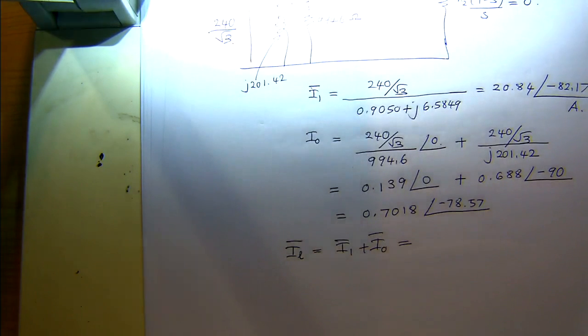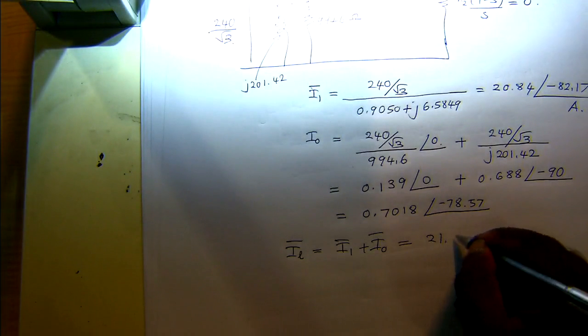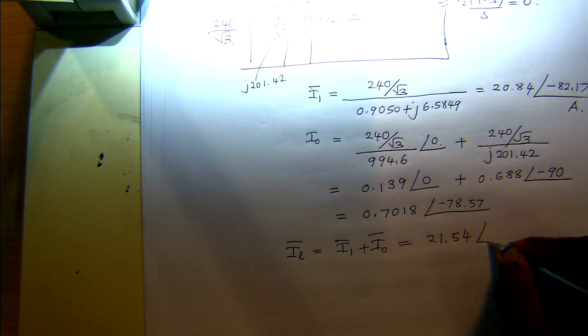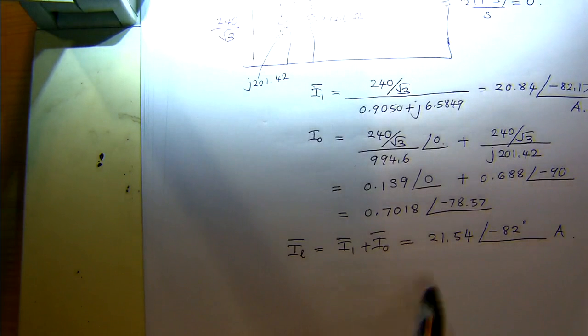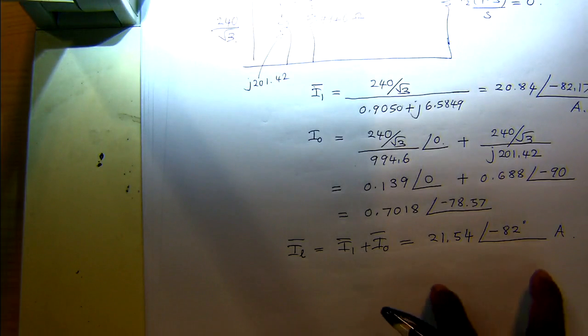So 20.84 angle minus 82.17 plus 0.7018 angle minus 78.57 gives you 21.54 angle minus 82. This will be the line current, and then to find real and reactive power, you can use complex power.